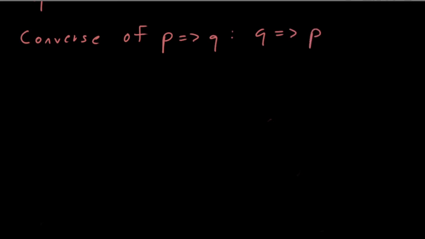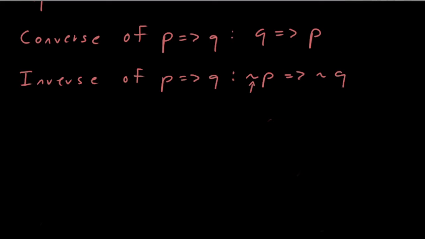So now let's talk about the converse of a conditional statement. Let's say we have a conditional statement, P implies Q. So the converse would just be Q implies P. The inverse of P implies Q would just be not P implies not Q. And this is just the negation.